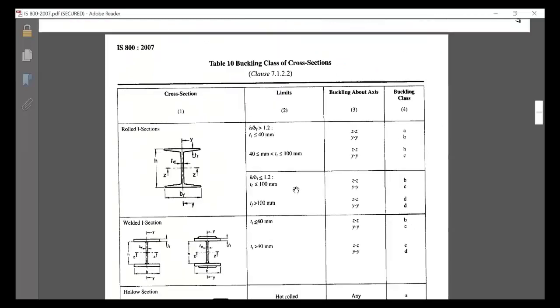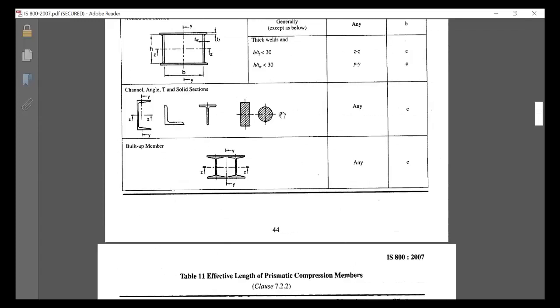So here you can see this is the table 10 of IS 800 2007, which talks about the buckling classes. Our section is not a rolled I section. Our section is a built up section. So that is provided at the extreme end. See, you can see built up member. For any type of built up member, the buckling class is C. Any kind of built up section is buckling class C, along ZZ axis or YY axis.